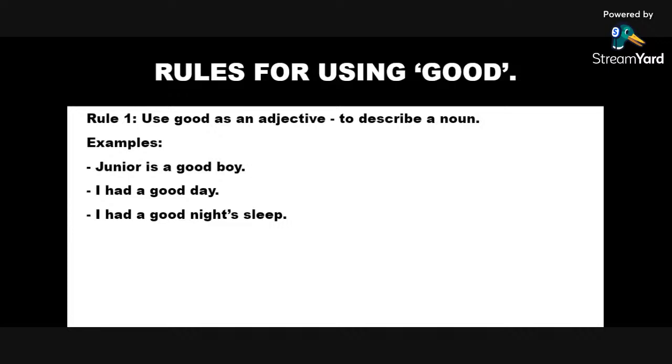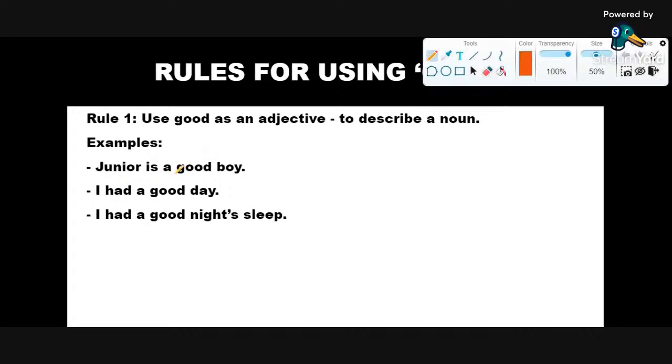We are going to look at examples. When you use good as an adjective, you are using it to describe a noun, because an adjective is a word that describes or modifies a noun or a pronoun. Now, let's look at these examples.